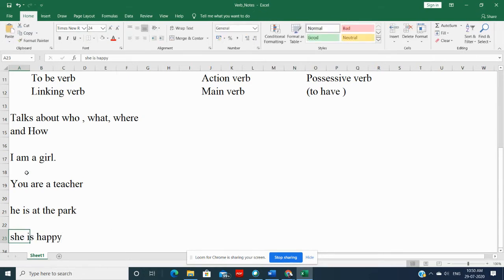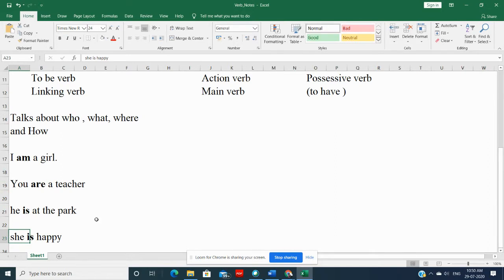When I say I am a girl, am is your to be verb. In this, are is your to be verb. In this, again, is is your to be verb, and in this also, is is the to be verb.